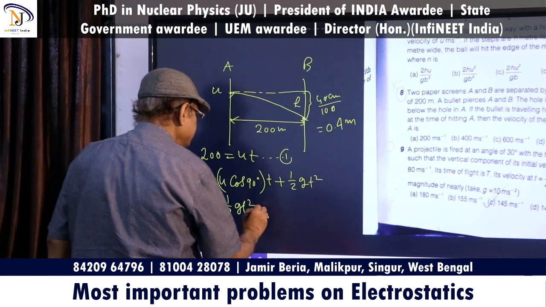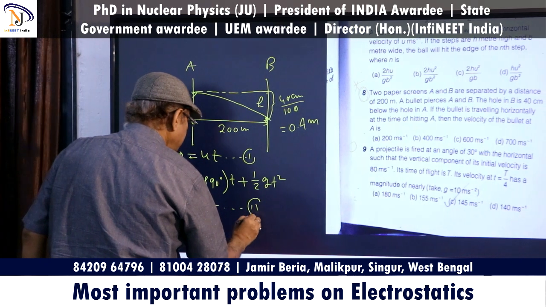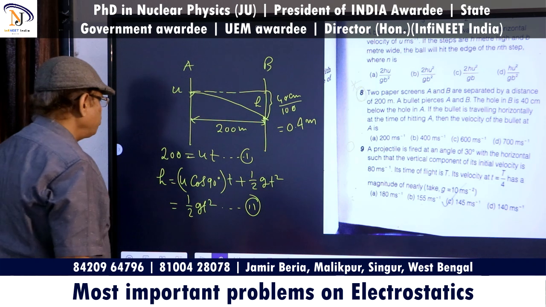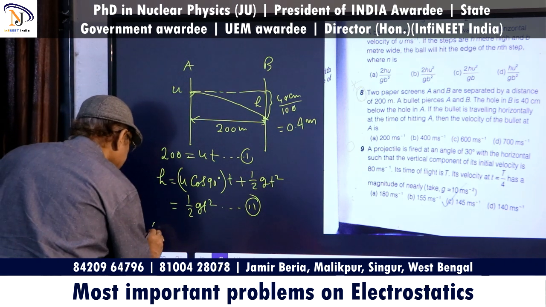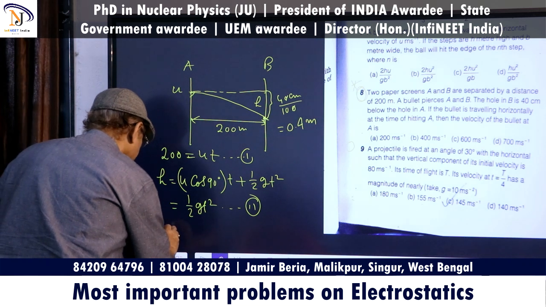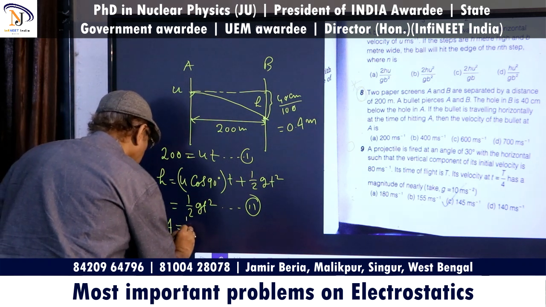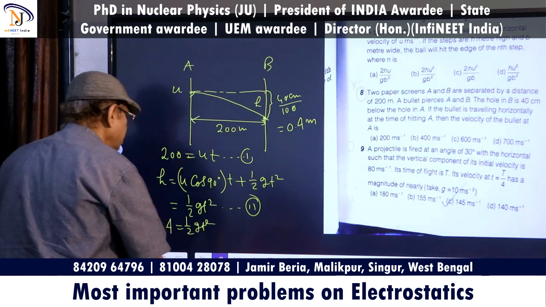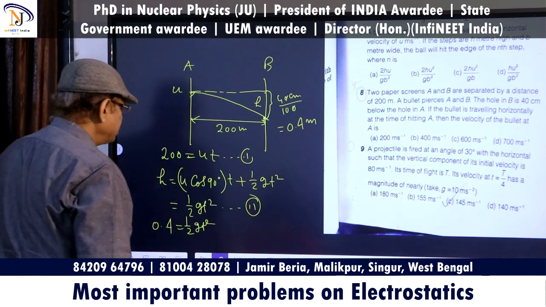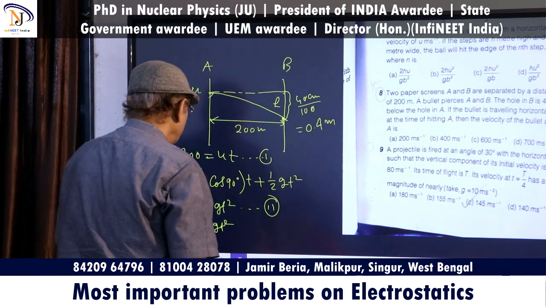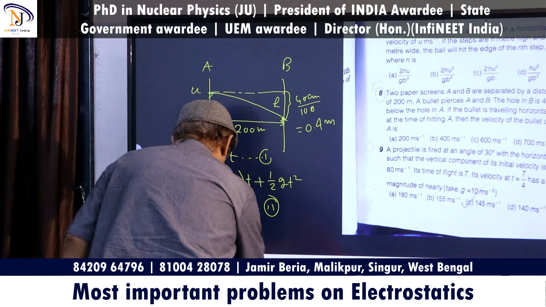This is equation number 2. What you need to calculate? Here H means 0.4 equals half G into T square. You have to calculate U, isn't it? So put the value to get the result.